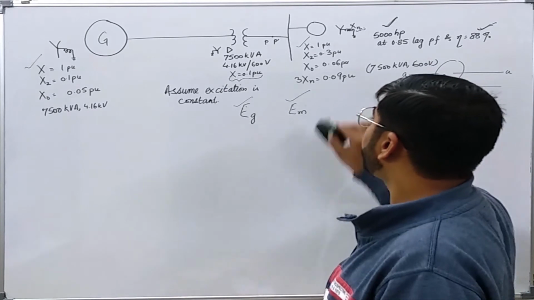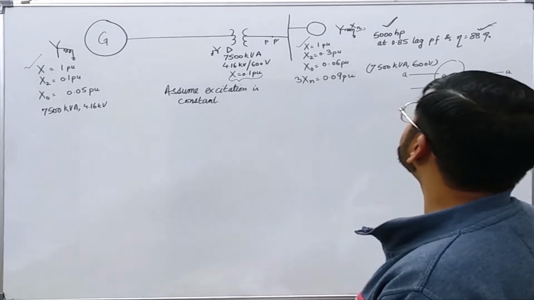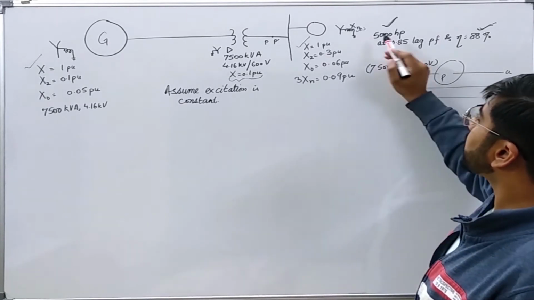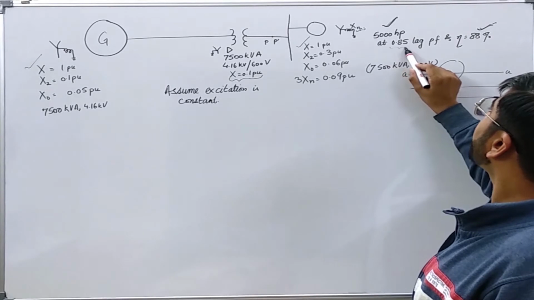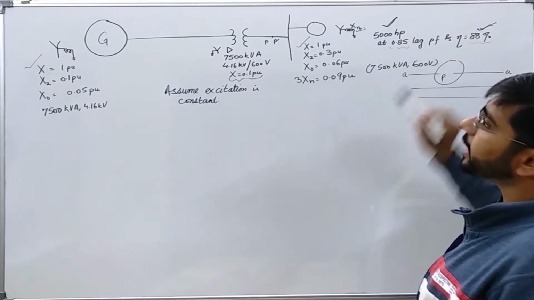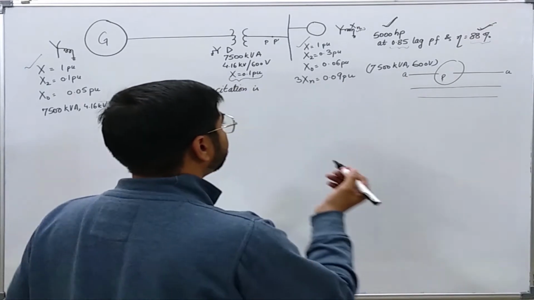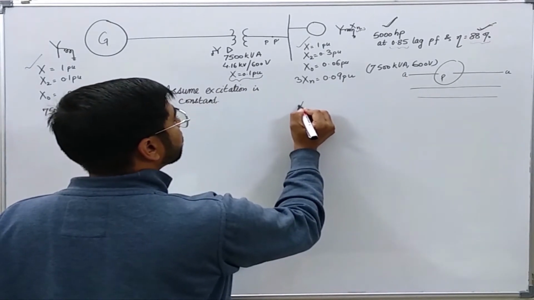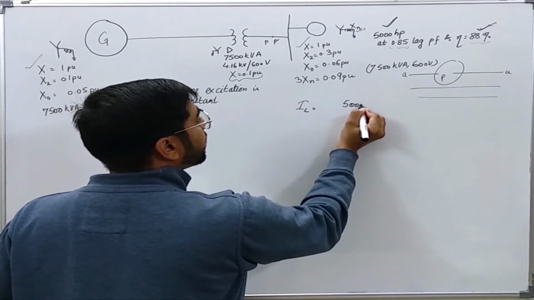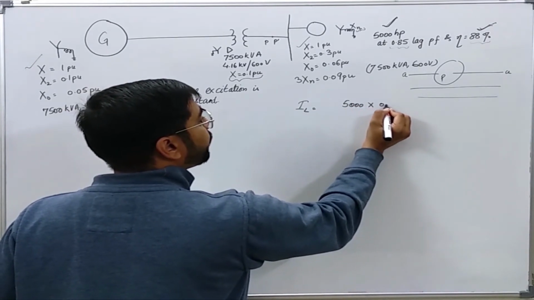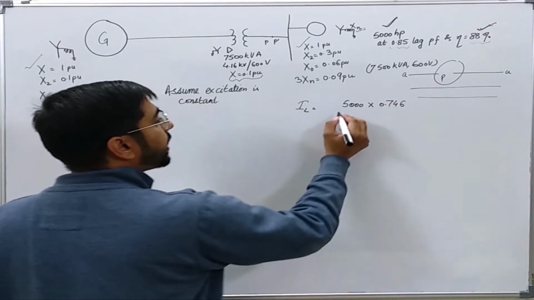So we are told that this machine is giving earlier a load of 5000 HP at 0.85 power factor lagging and efficiency of 88%. From this we can calculate the load current. 5000 HP into 0.746 will convert it into kW.